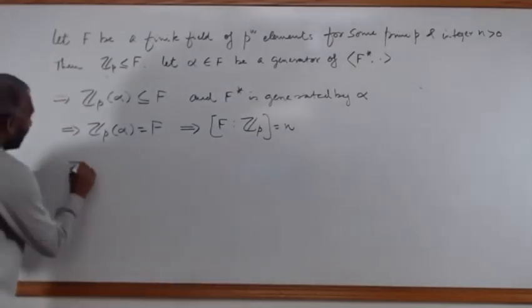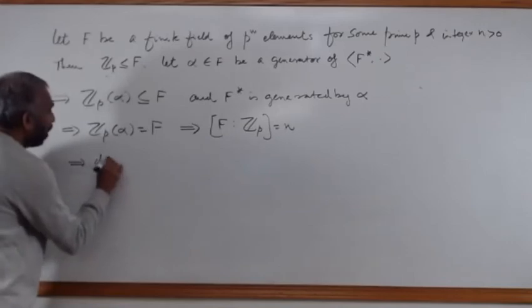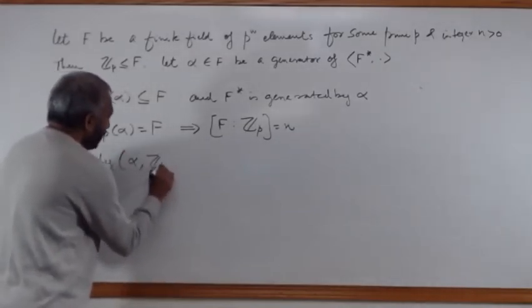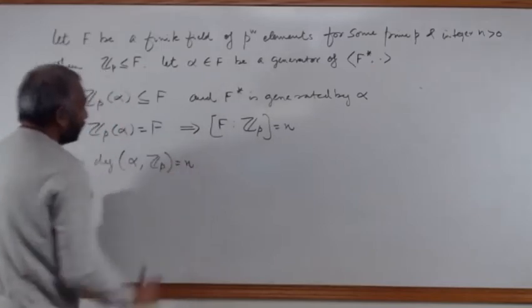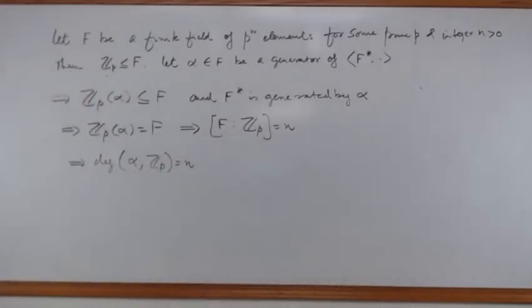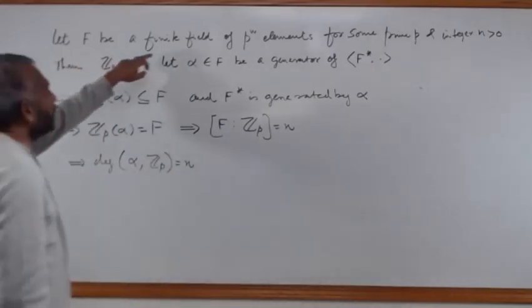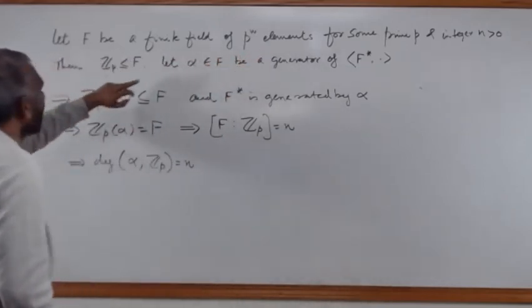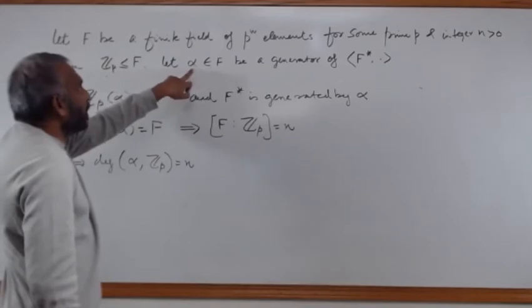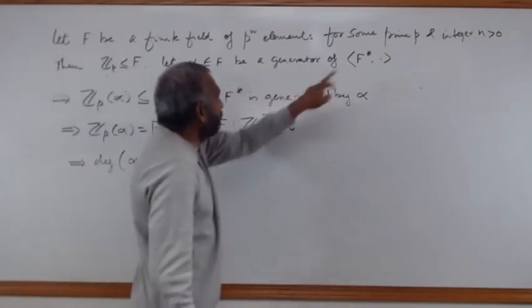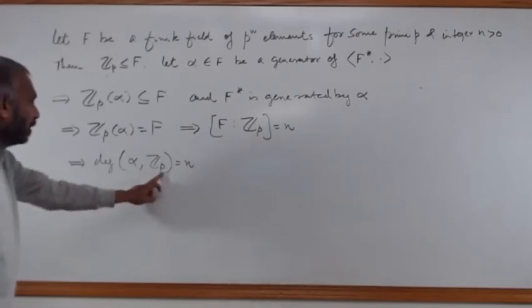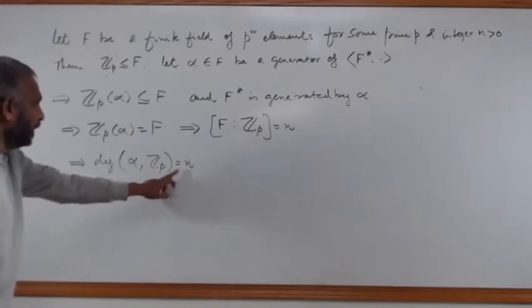And that implies the degree of alpha over Zp is equal to n. So if F is a finite field of p^n elements, and alpha is a generator of F, then the degree of alpha over Zp is n.